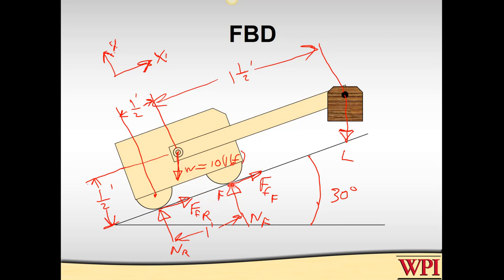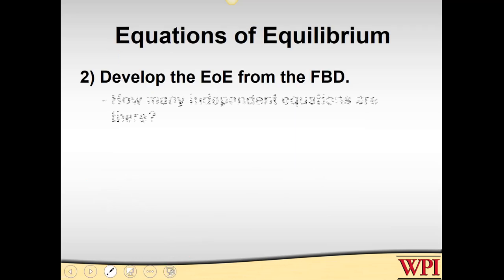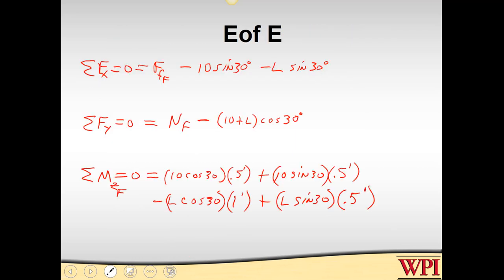It has a moment arm of 0.5 about this point, and then the x direction one here, which is going in this direction, that's W times sine of theta. That also has a moment arm of a half.